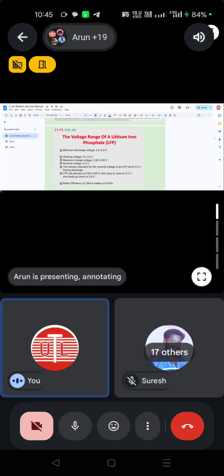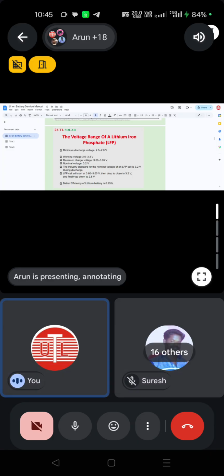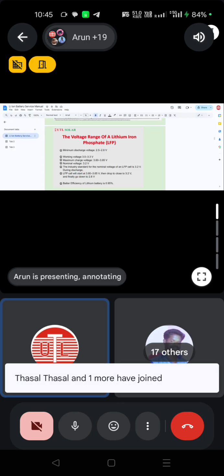So in these four lines we have four types of data. Nominal voltage is very important data. Write down nominal voltage 3.2, maximum voltage 3.65, and lowest point 2.5 to 2.8. That is the range.